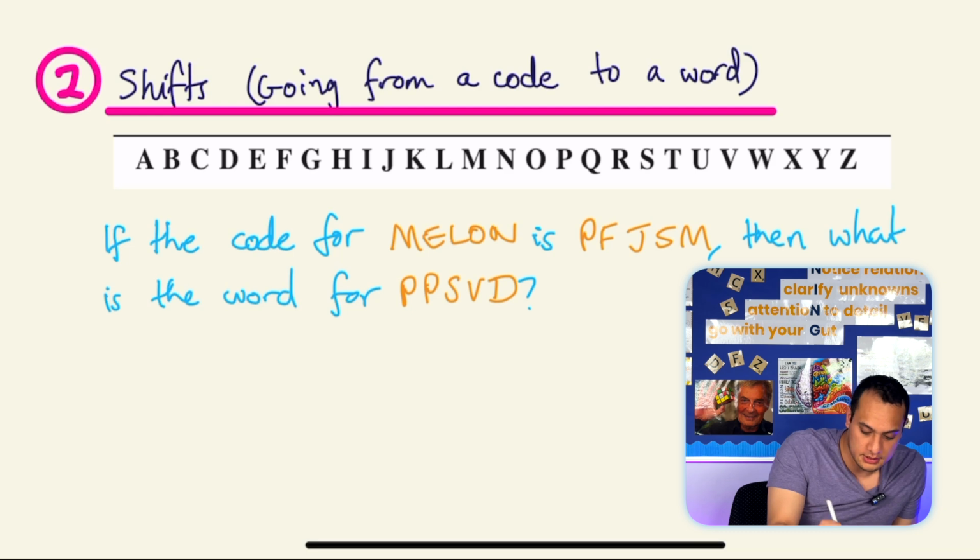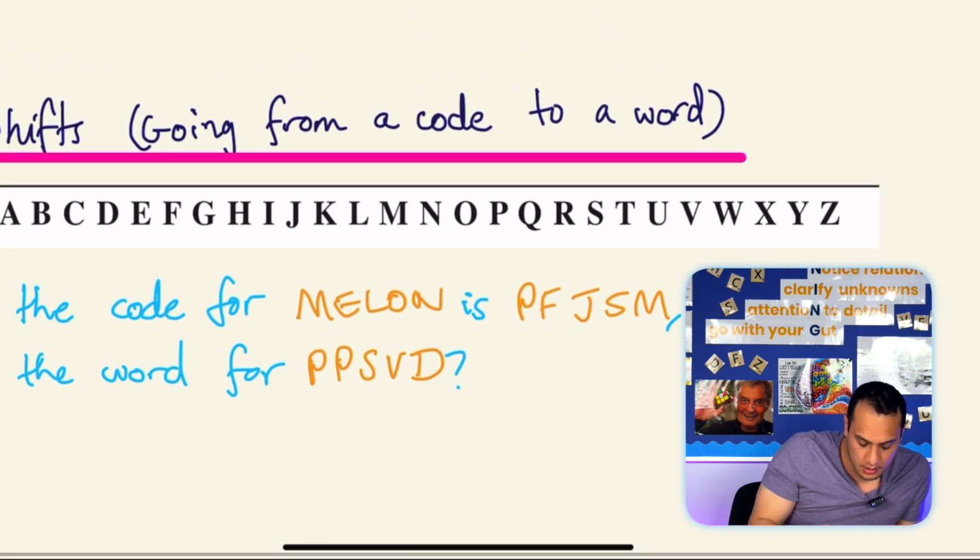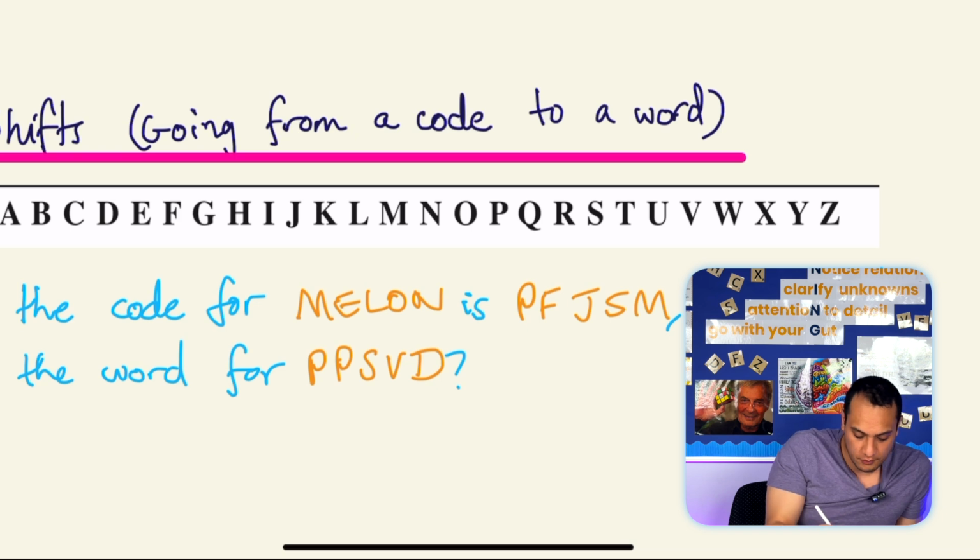So what we need to do is we're going to start exactly the same way. We're going to write each of our shifts. So from M to P, that's moving forward 3.